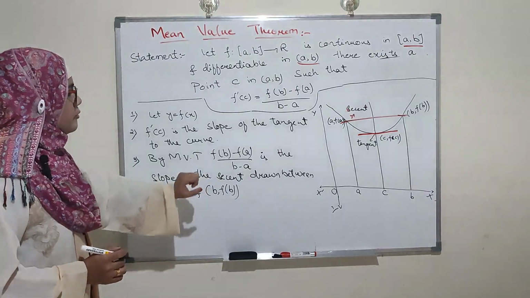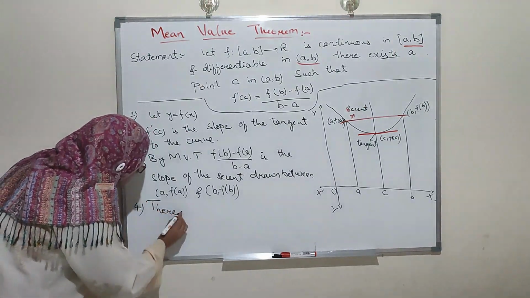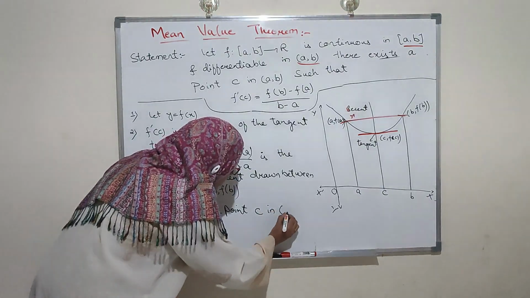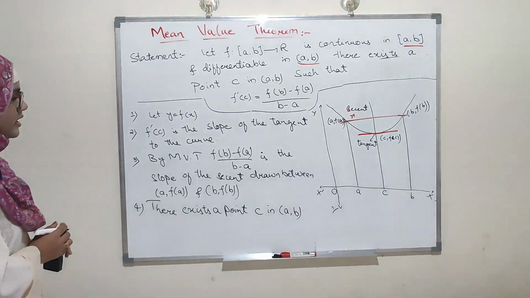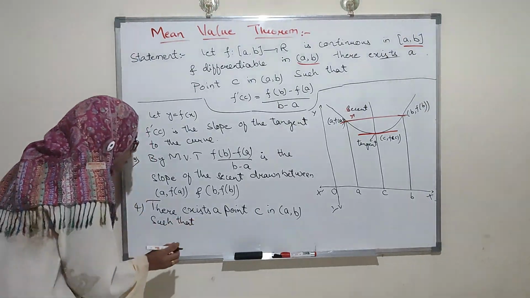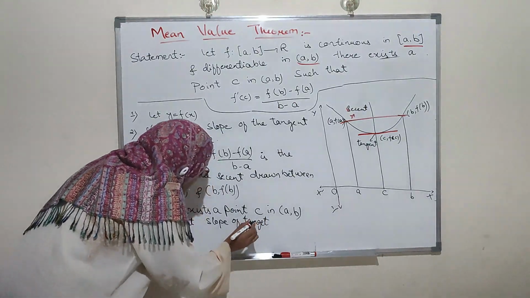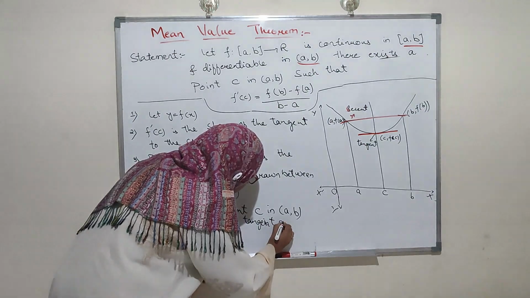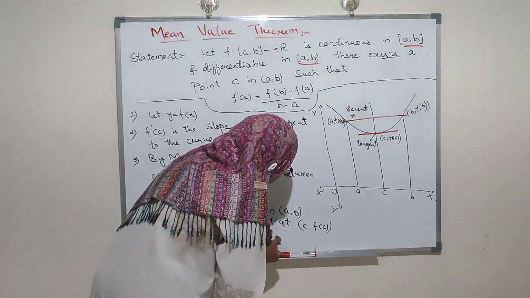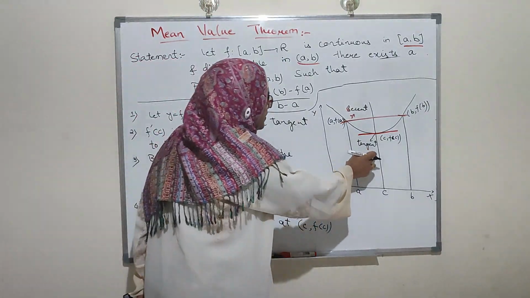Again, by the mean value theorem, there exists a point c in a b such that the slope of the tangent at c comma f of c is parallel to the secant.